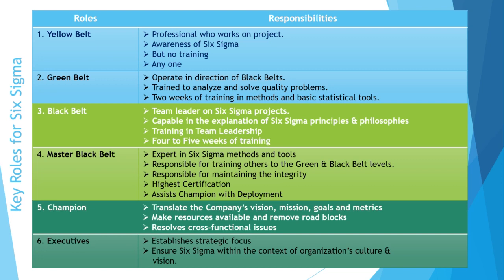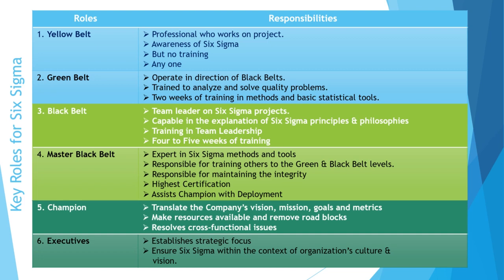The champion is the one who translates the organization's visions, missions, goals, objectives, metrics, etc. He will make resources available whenever necessary and avoid the roadblocks or obstacles which face the organization. He is the one who resolves the cross-functional issues or conflicts that arise in the organization.